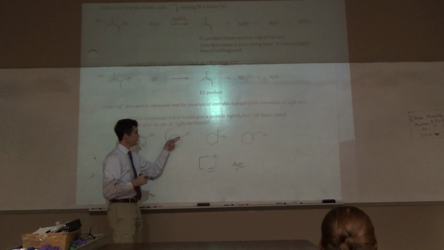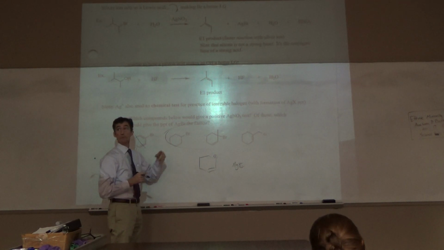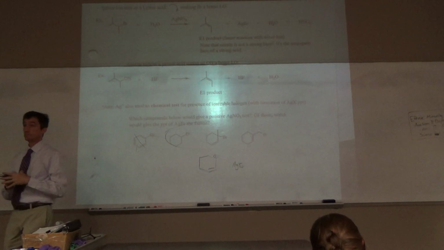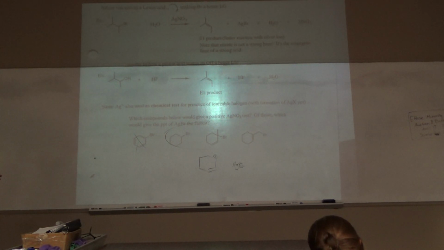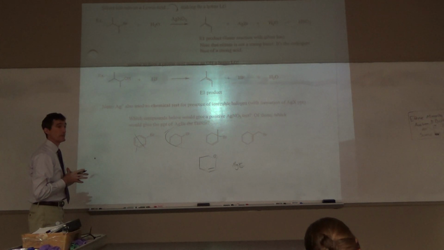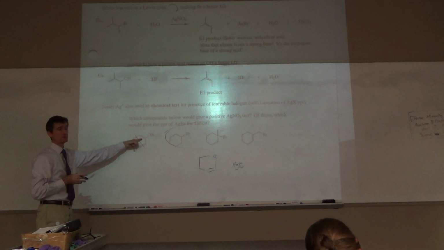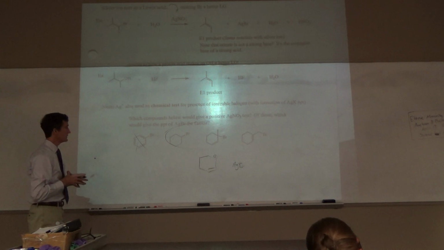All three of these, the halide is on a tetrahedral carbon. And none of them are primary. Everybody agree? No, we're not making primary cations here, right? But this one would not. That bromine's not on a tetrahedral carbon. You're not going to make a cation here.